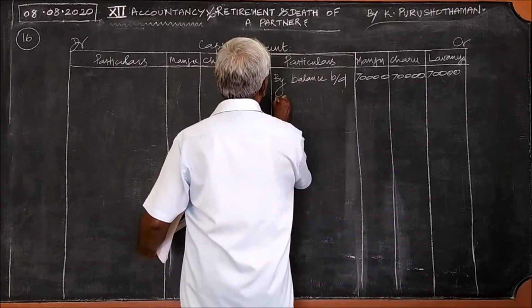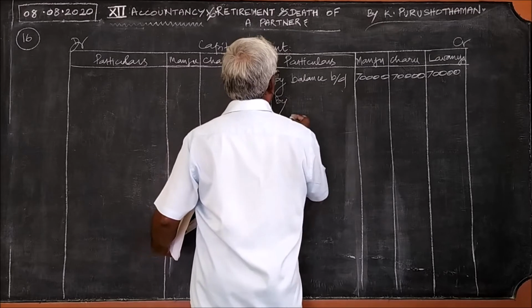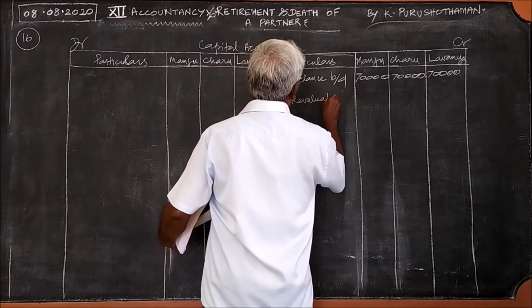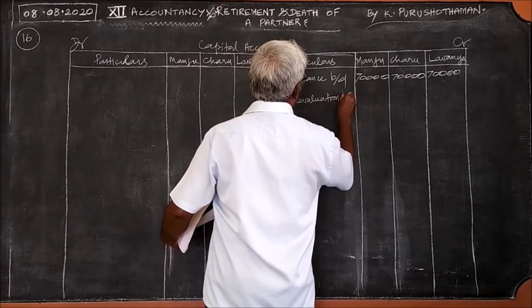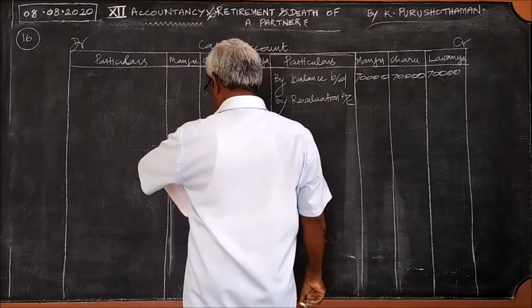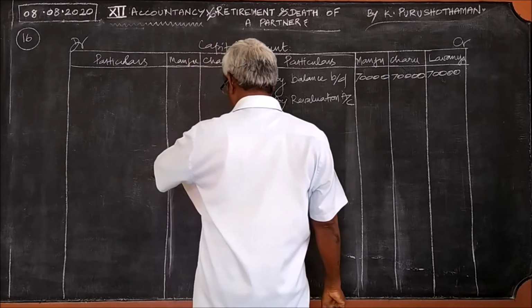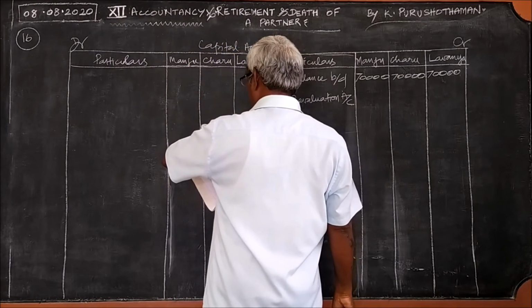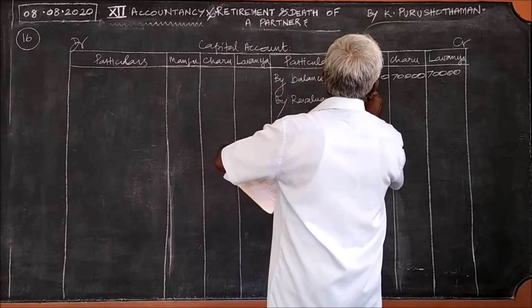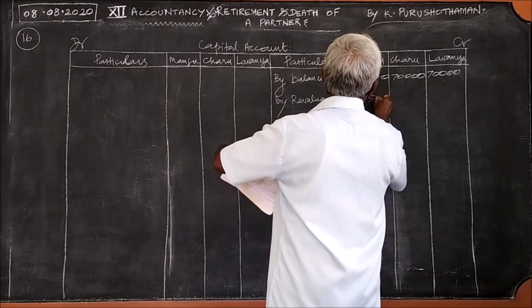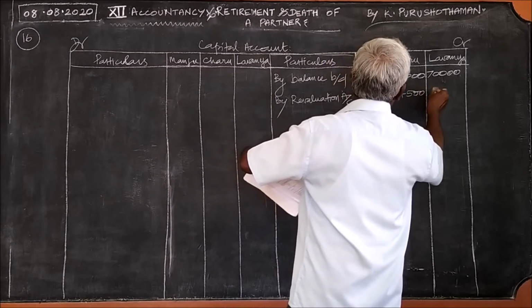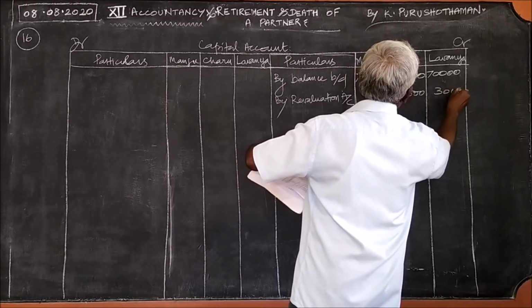The next one is by revaluation account. From the revaluation, we have calculated the profits by revaluation account. What is the amount of the partners? 7,500, 4,500, 3,000.